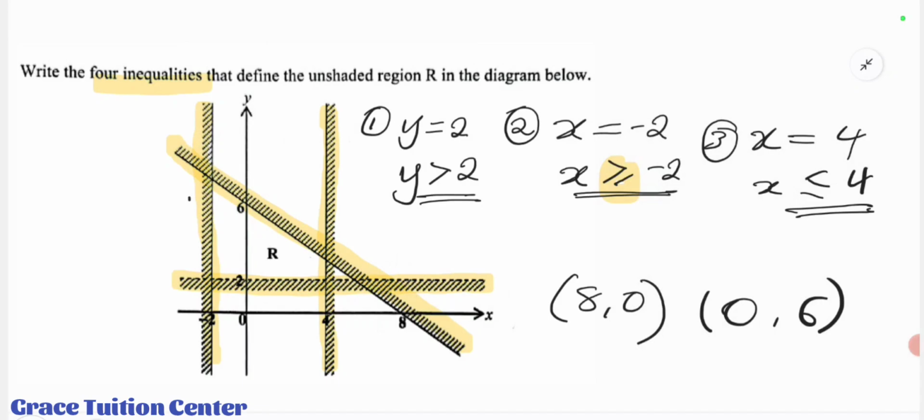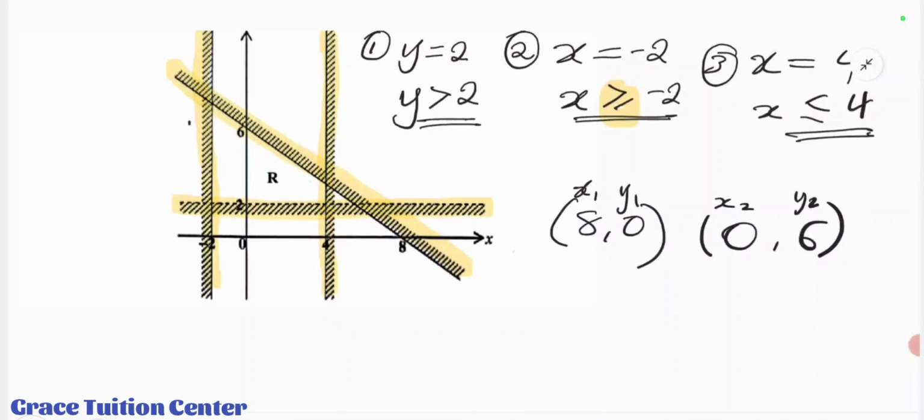Now we're going to name our coordinates nicely as x1, y1, x2, y2, like that. It's important to name our points like that so that we can easily find our gradient.